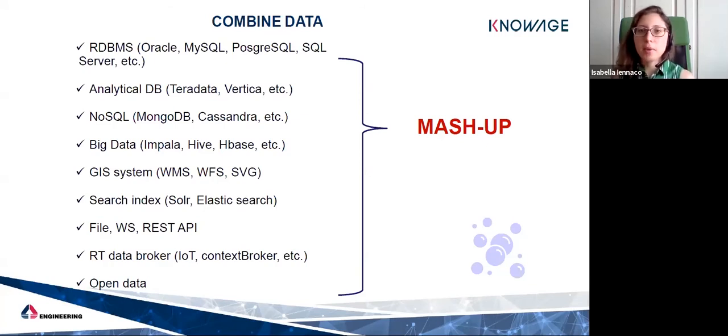Also, if you are building a dashboard and a visualization with data coming from these kinds of sources, but you have a CSV or Excel file with other data that you want to combine and see inside the analysis you are doing through the dashboard, you can upload it inside Knowage and include it as a source inside your dashboard, and then build your visualization and analysis. So it's interesting because this permits you not to have all the data inside a single source, but to have it in different sources and then combine it in a single visualization and analysis.